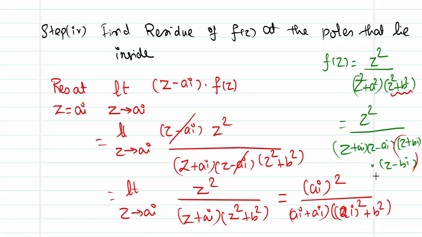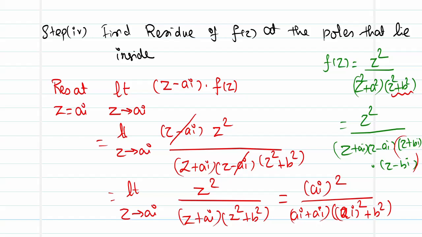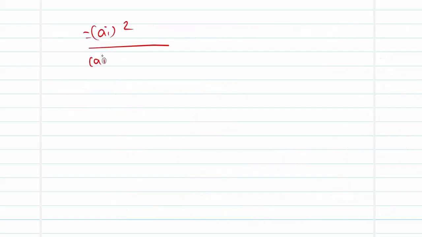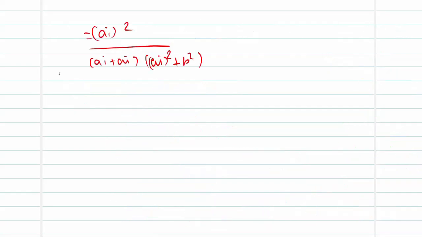On expansion we have this to be equal to ai the whole square divided by, this is going to be (ai plus ai) times (ai the whole square plus b square). This is what we have. Let us simplify. a square, i square makes it as minus 1, ai plus ai makes it as 2 times ai.